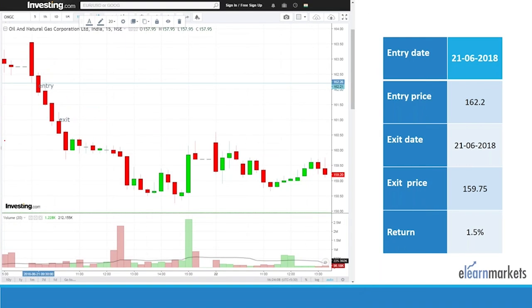Let's see the next one. This is the stock called ONGC on 21st of June. The entry price was 162.20, again on the short side. The first 15 minutes candle, okay, this is the moment it is breached, we went short here with a target of again 1.5%.